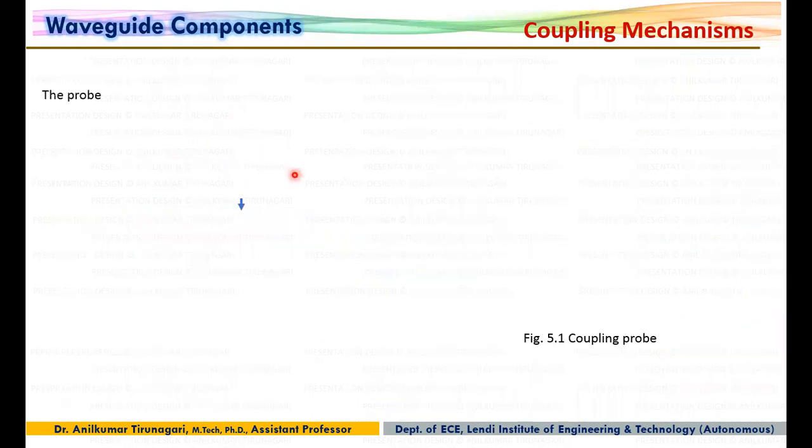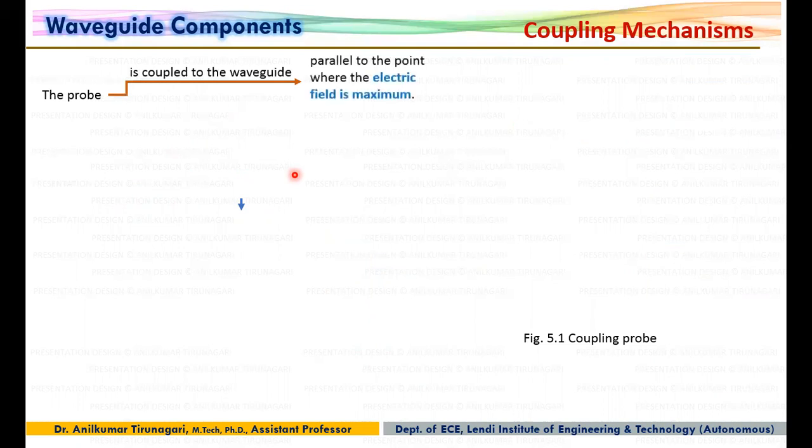So what is the coupling mechanism? Let us take the probe coupling. The probe coupling is used to couple the waveguide, and the probe is placed parallel to the point where the electric field is maximum. That means whatever probe you are placing has to be placed parallel to the point where the electric field is maximum. Already we know in a particular waveguide where the electric field will be maximum.